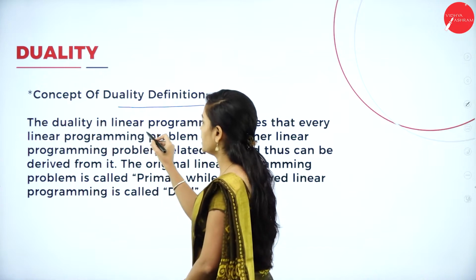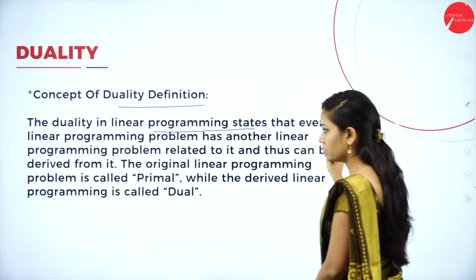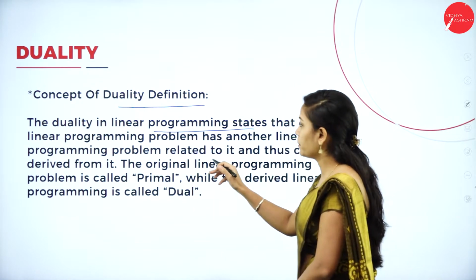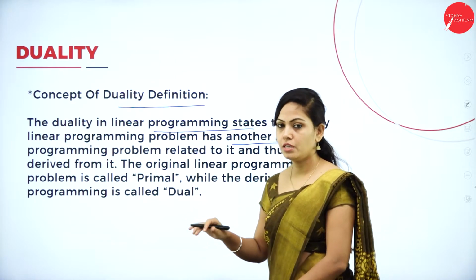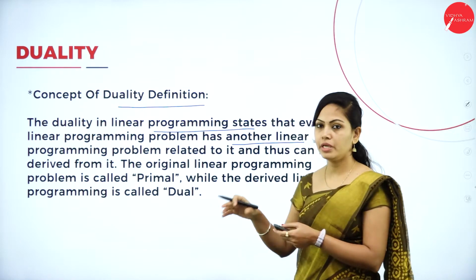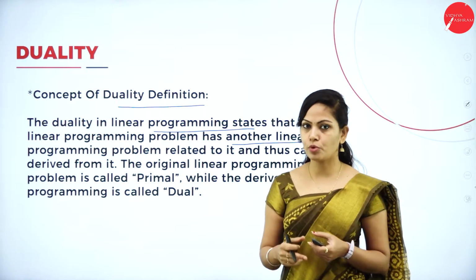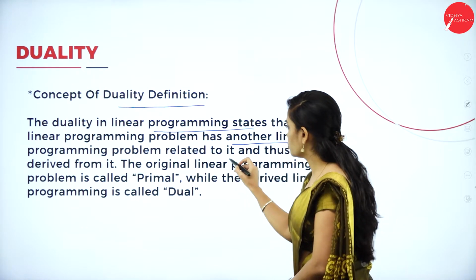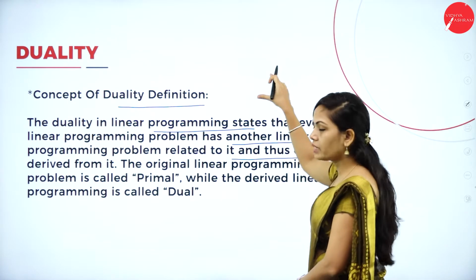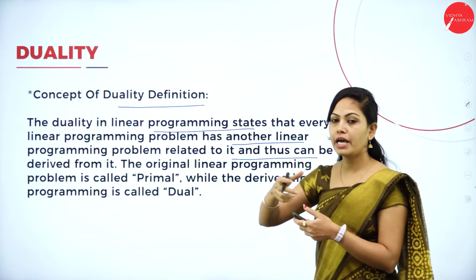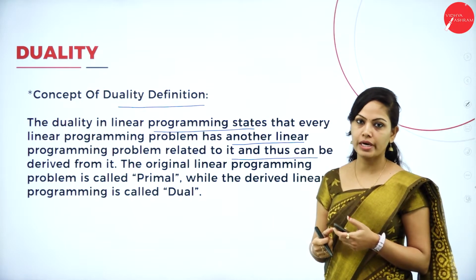The duality in linear programming states that every linear programming problem has another linear programming problem. So every linear program has another linear program related to it, and this can be derived from it. So from one linear program, we can derive another linear program.